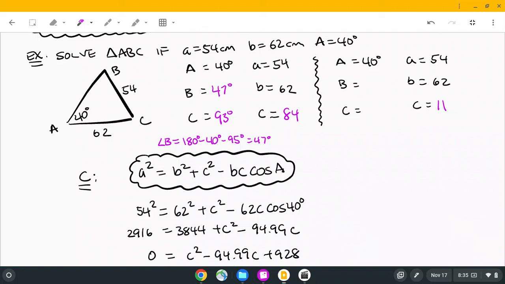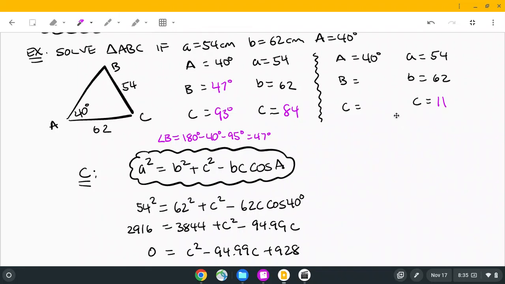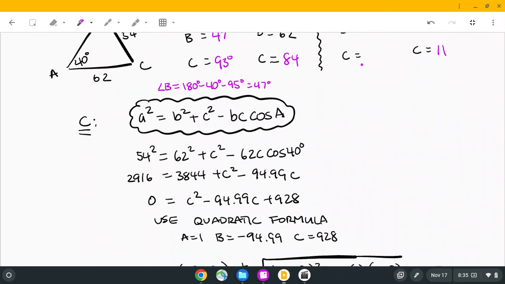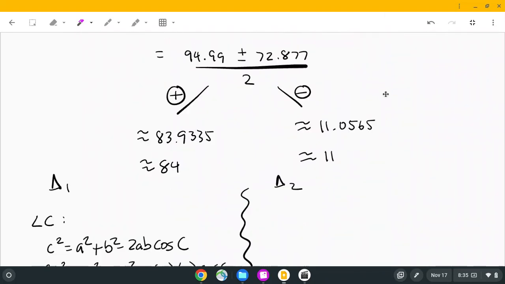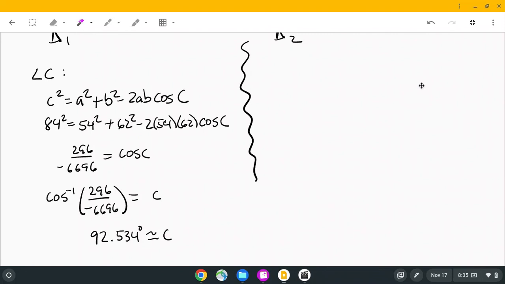Same thing here. Let's solve for C. Again, you can use law of sines or law of cosines at this point. I will continue using law of cosines, just like I did over here.